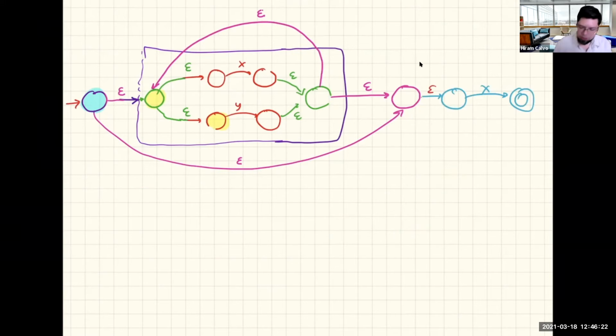Okay, in order to convert from an ENFA with epsilon transitions to a DFA, we will use exactly the same method we saw before, just with one modification. And this modification will handle all those epsilon transitions.